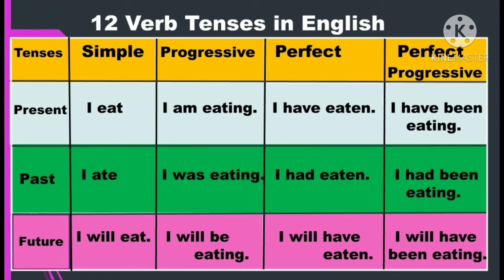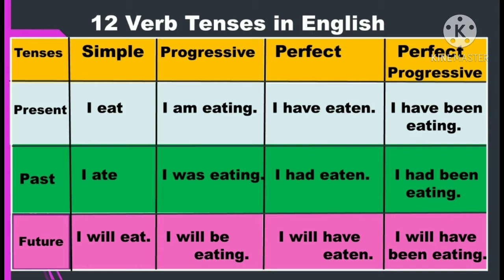First, simple present tense. Example, I eat. The second one is present continuous tense. I am eating. The third one is present perfect tense. Example, I have eaten. The next one is present perfect continuous tense. Example, I have been eating.